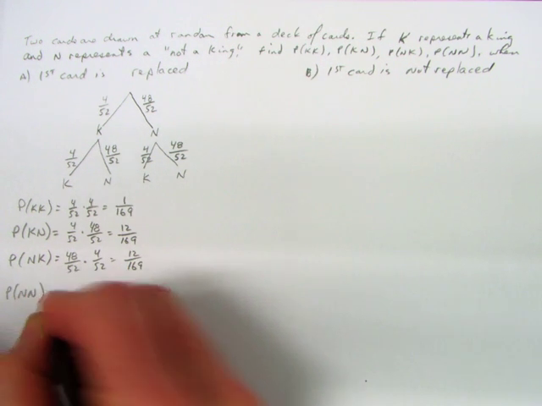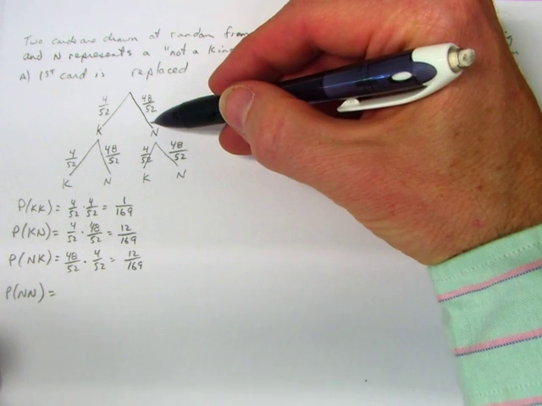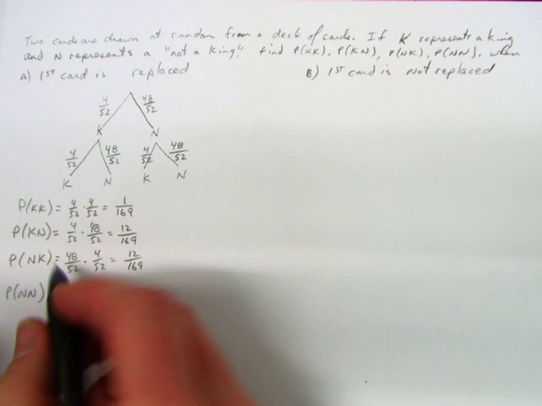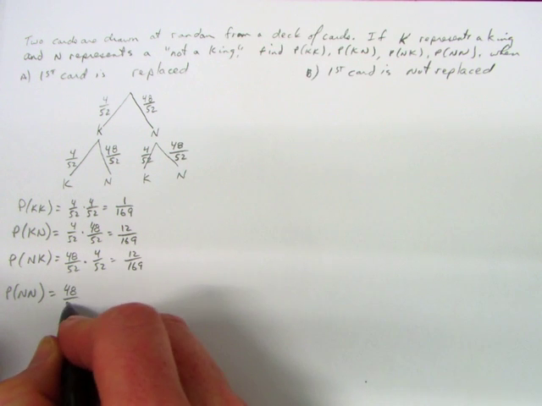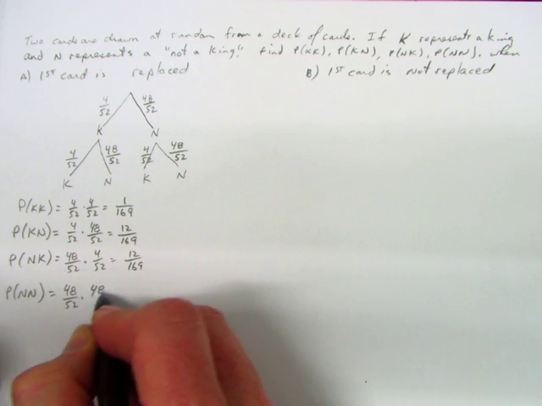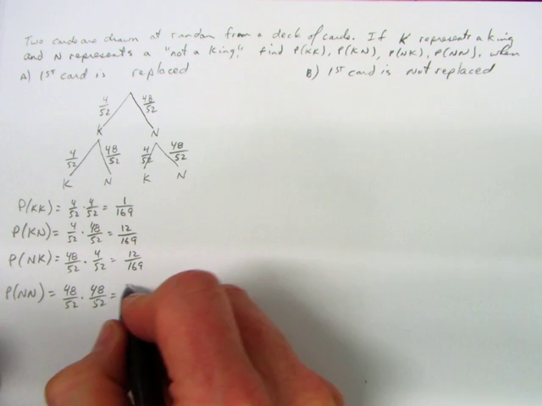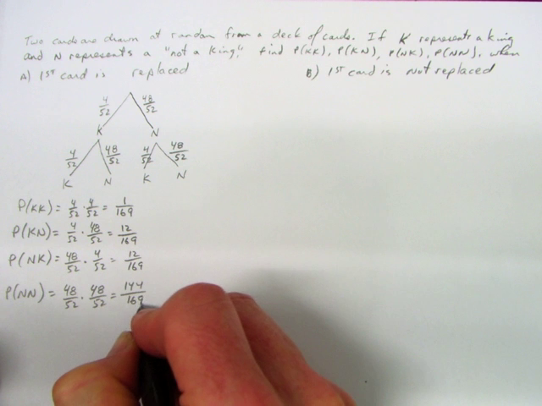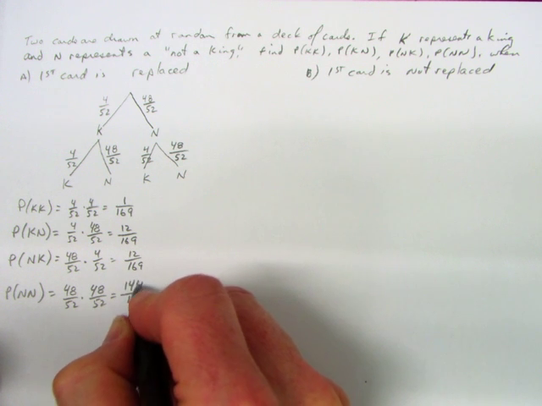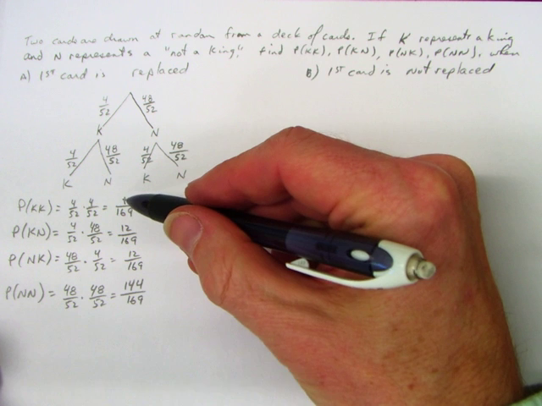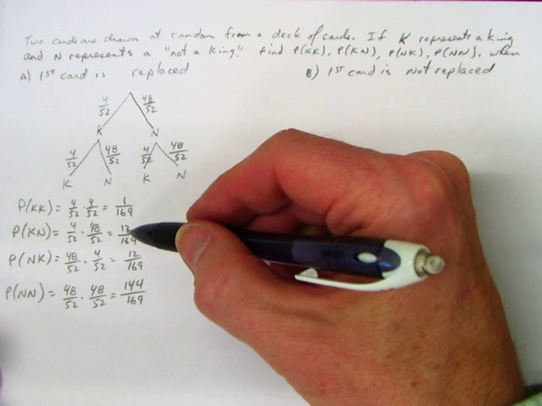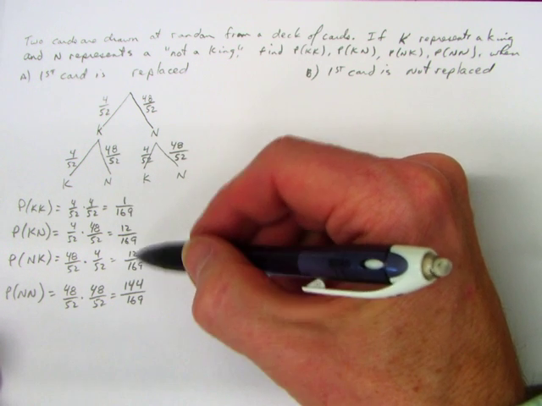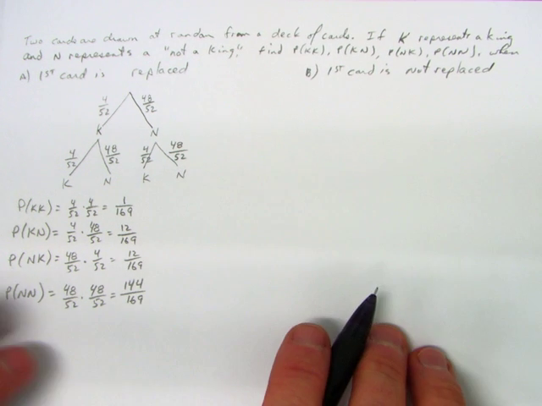And then P(NN), 48 out of 52, and then 48 out of 52. And that'll give us 144 out of 169. Another way to have computed that number is we could take 1 minus 1 over 169 minus 12 over 169 twice. And that would give us our 144.